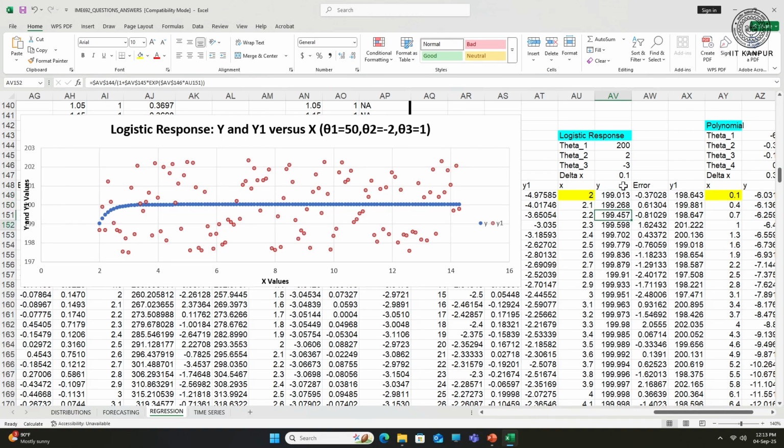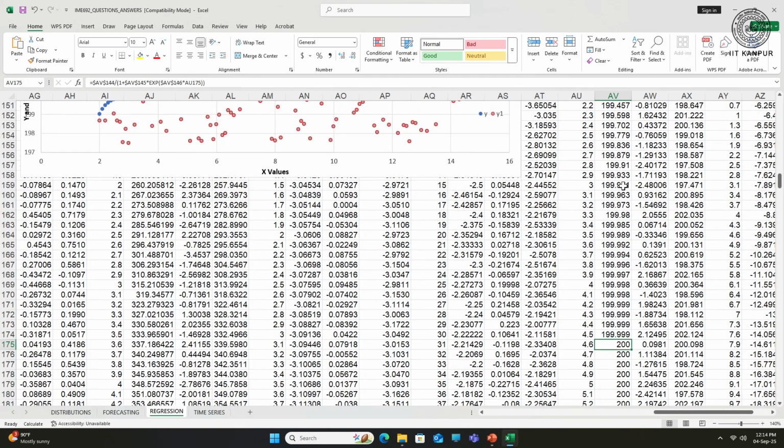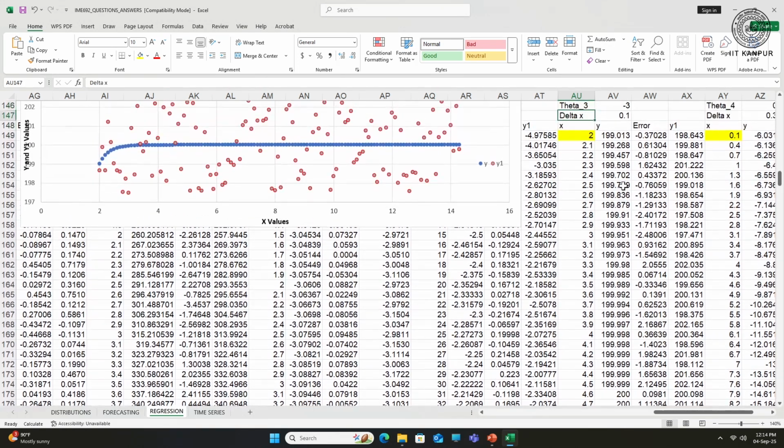Here you see we start at x as 2, and by 4.6, which is by the 27th count, y is 200. Let us check if that continues to be true as theta 3 is made more negative, let me make it minus 30.